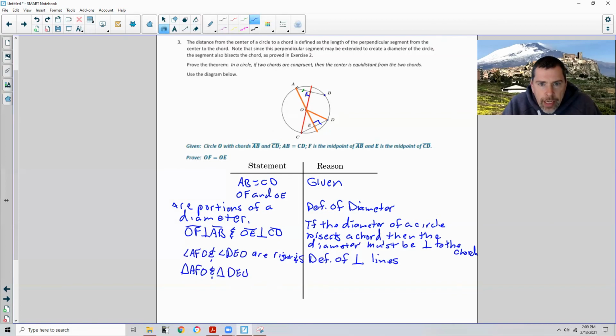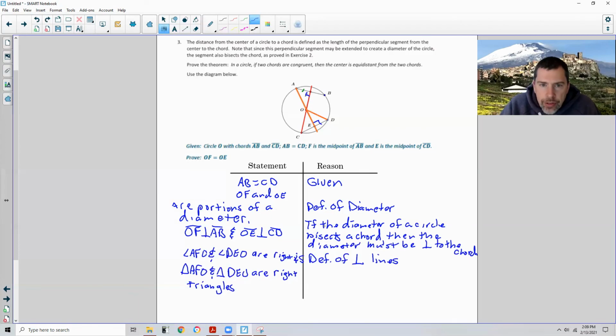So triangle AFO and triangle DEO are right triangles. All right, so now I have two right triangles with the hypotenuse equal. And that's what we're leading up to, finding all this stuff.